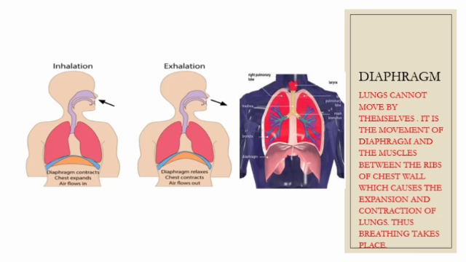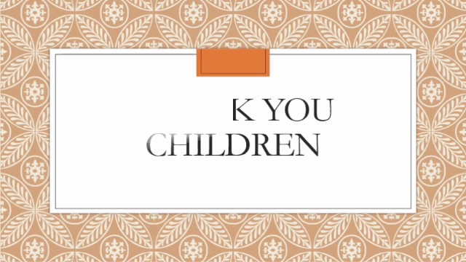The lungs cannot move by themselves. It is only because of the diaphragm that we are able to move the lungs up and down when inhaling and exhaling, children. So this is about the respiratory system. Please read the textbook for your better understanding.